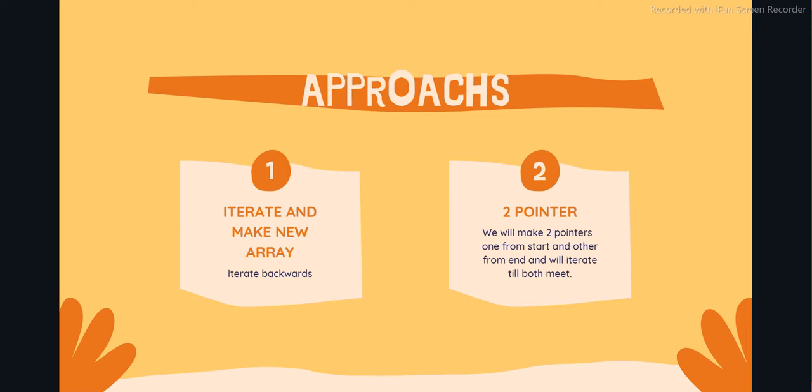For now you can take it that we will make two pointers, one pointing to the first and one to the last element of the array, and we will make them meet, and until then we can do all the things we wanted to do. Don't worry if you're not getting it right now. We'll take it up in later slides.